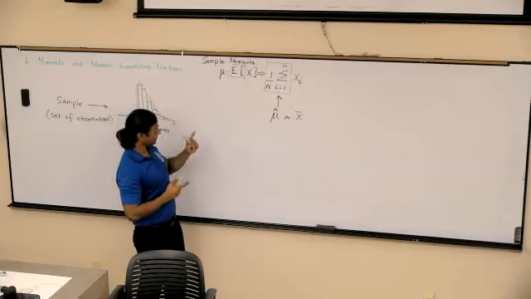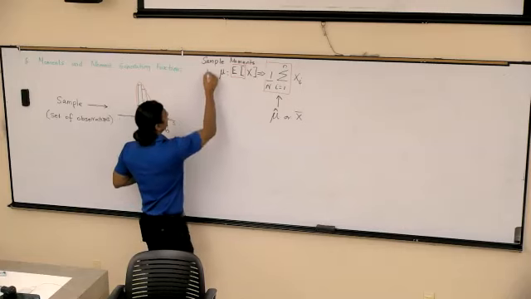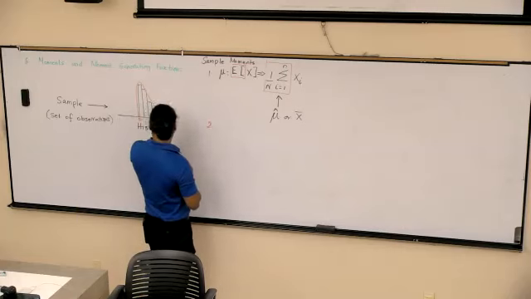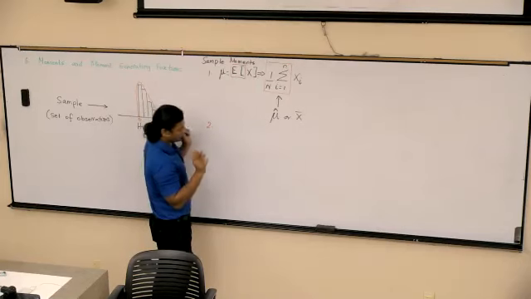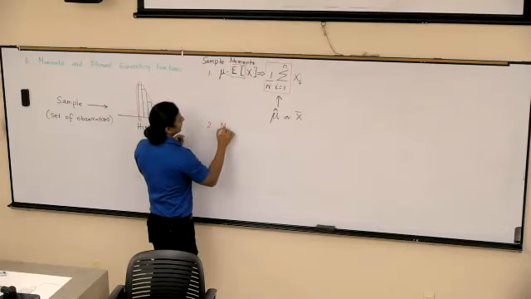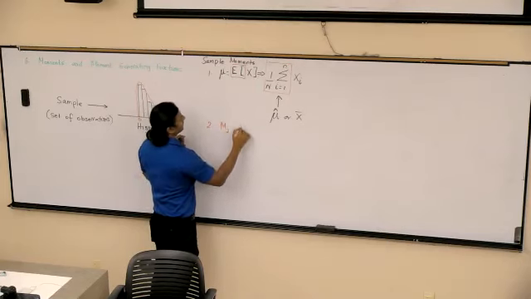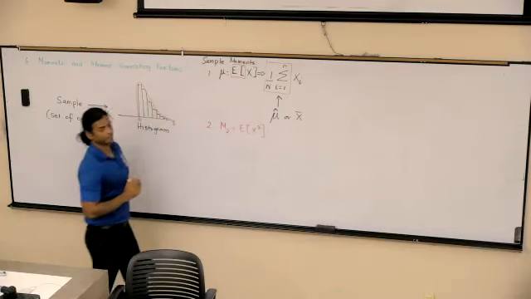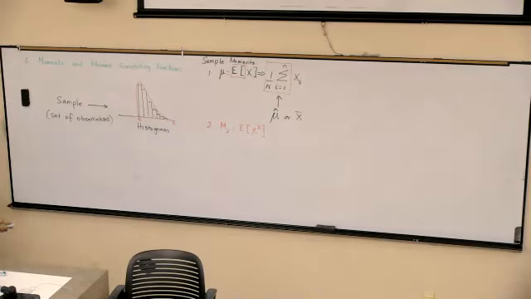Good. Now that's case one. We know what the second moment is. I'll just call it M2. What is the estimator for M2? Can you write it?